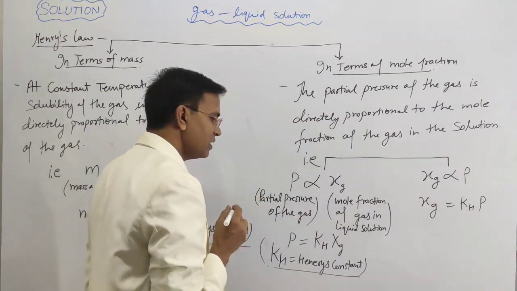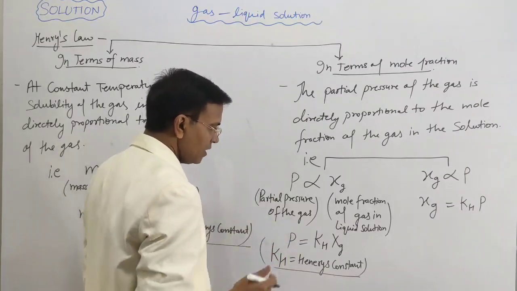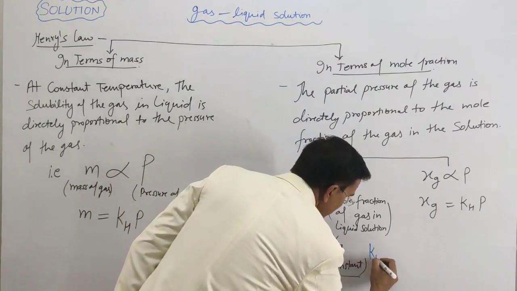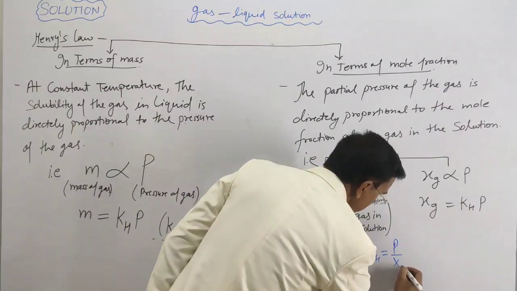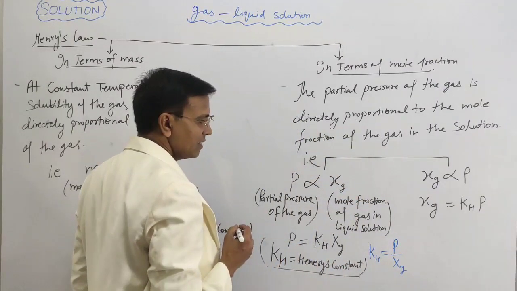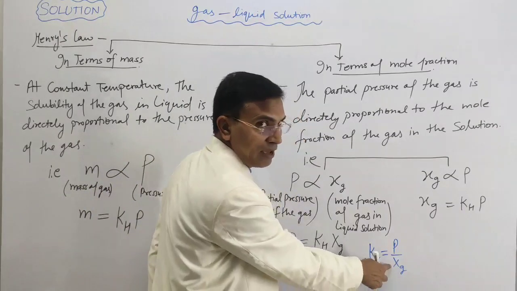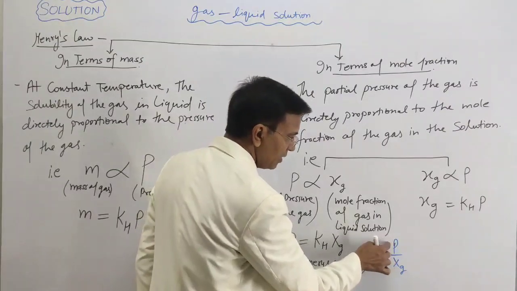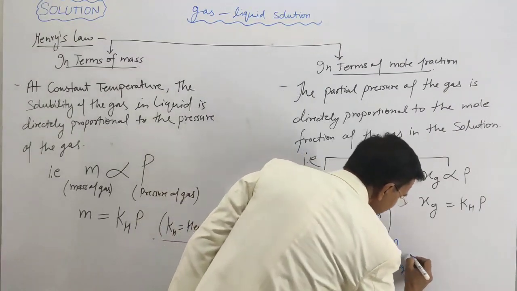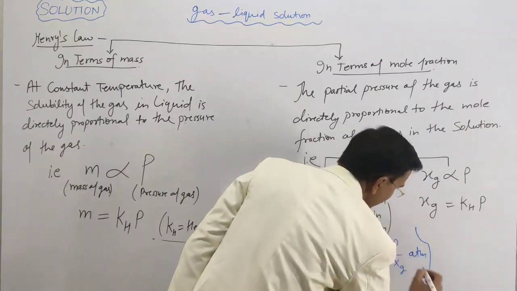So if you see here, the value of kH is equal to pressure upon mole fraction of the gas, and the unit of kH will be, mole fraction doesn't have a unit because it is the fraction of the moles. So pressure means atmosphere, atm, this is the unit here, right?